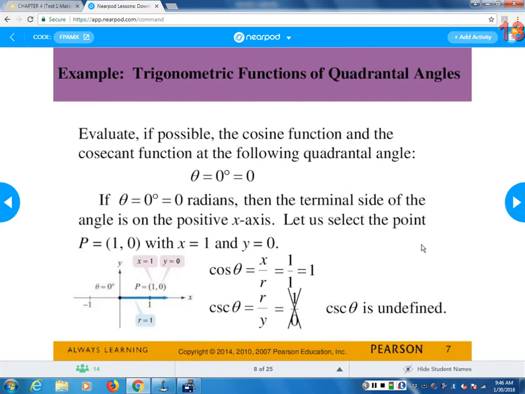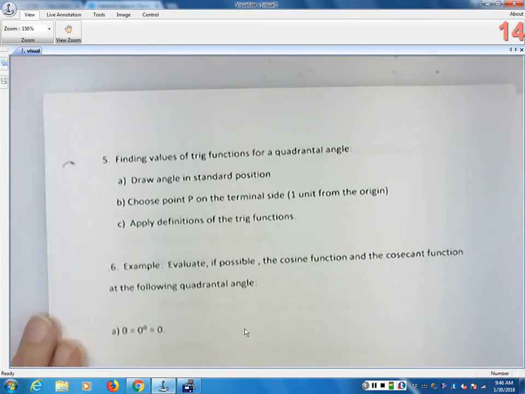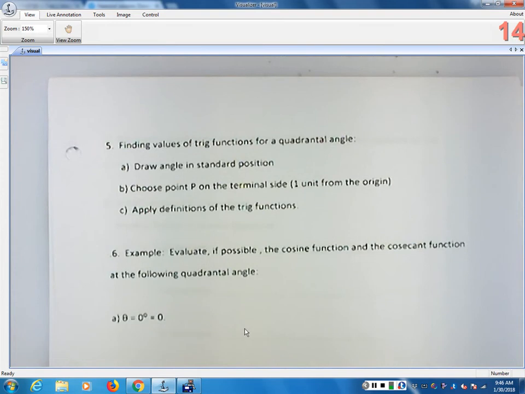So we're going to evaluate, if possible, the cosine function. So here are the steps. Back in our notes, I've got the steps written out for how to find the values of the trig functions at a quadrantal angle. And then we're going to find some of them.